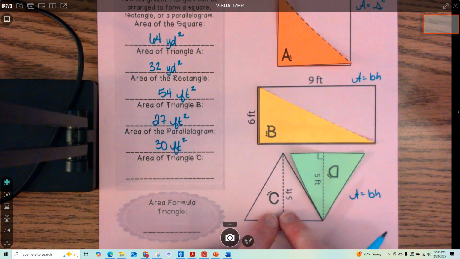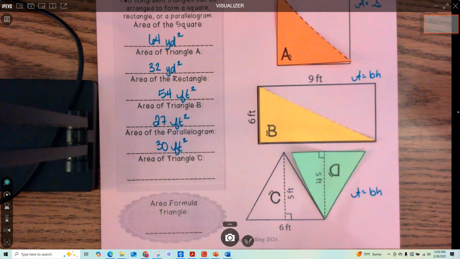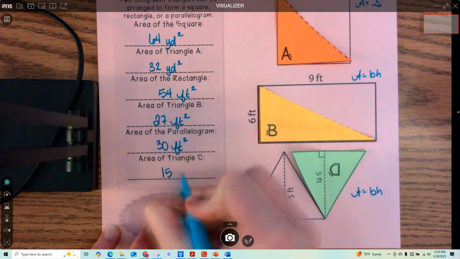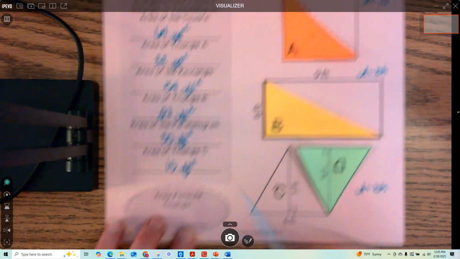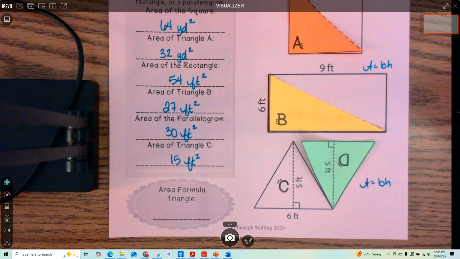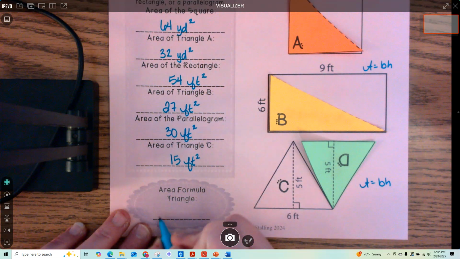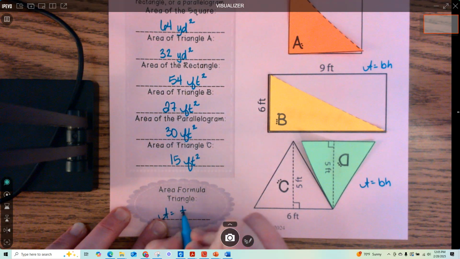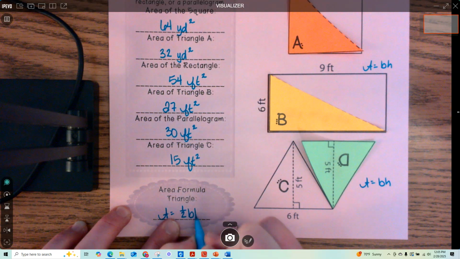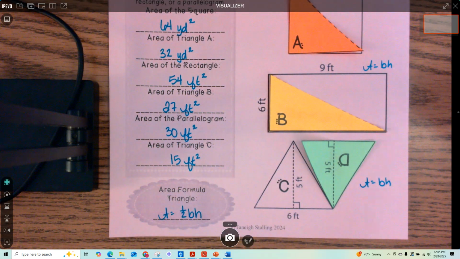So what's going to be the area of just triangle C? 15, half of it. And so that's how you derive the area of a triangle. Area of a triangle is 1/2 base times height. And that's it for this set of notes.